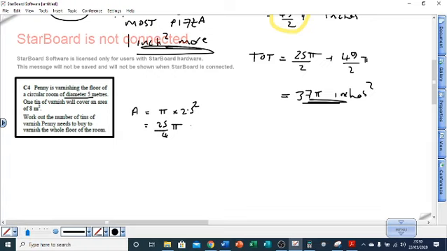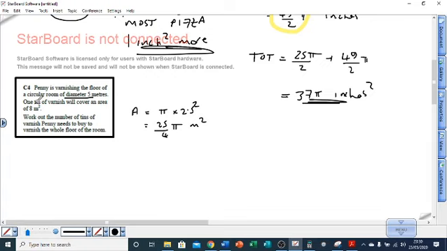That's how big the room is. Now, 1 tin only covers 8 meters squared, so we're going to need to work out how many times that will go into there. So therefore, 25 over 4 pi divided by 8.